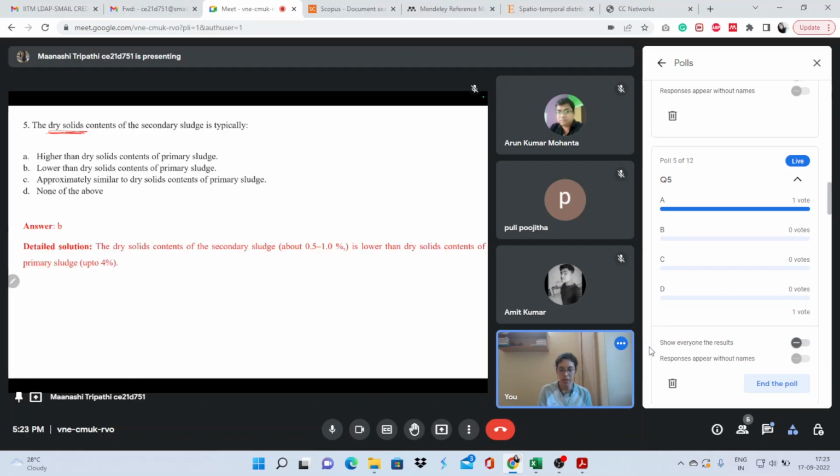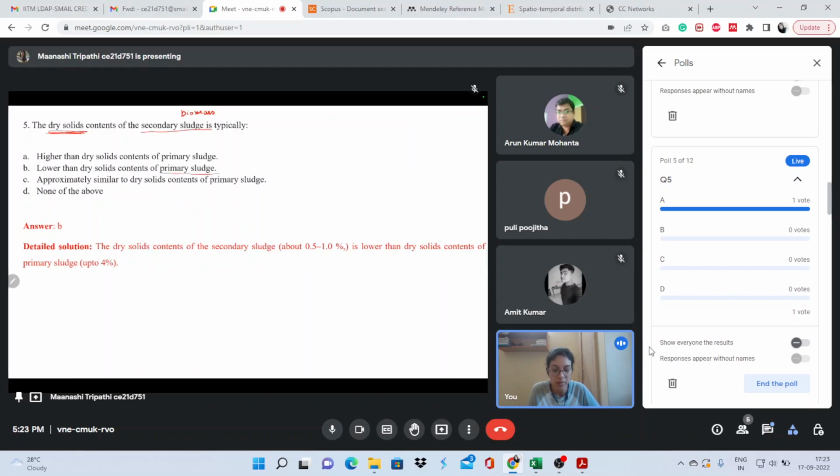So answer is B, lower than the dry solid content of primary sludge. Why? Because as I've told you, in secondary we get more of biomass, and in primary we get some inorganic particles as well.